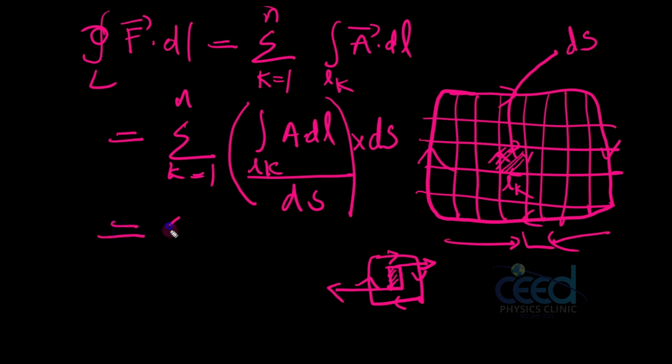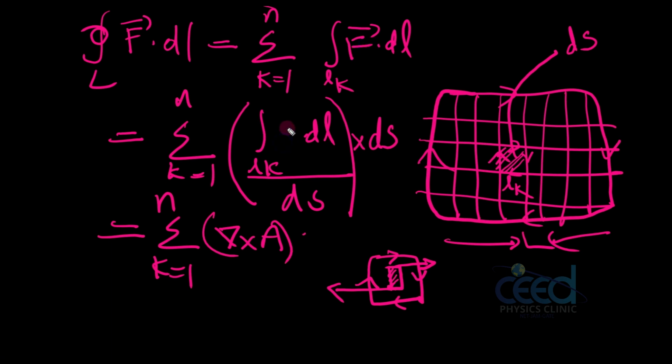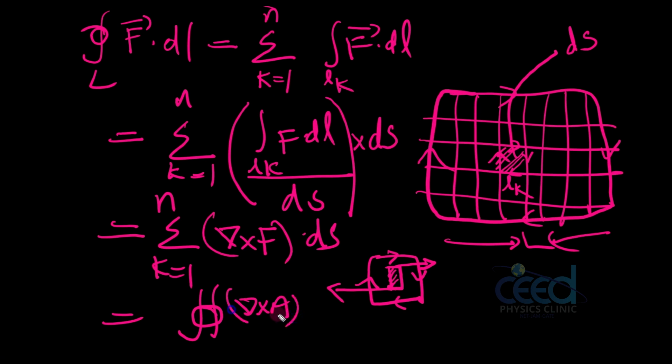So that is the sum over k from 1 to n of curl F; we have selected the force field as F, so here we write F. The sum over k from 1 to n of del cross F dot ds is a sum over surfaces, so that is the surface integral of del cross F dot ds.